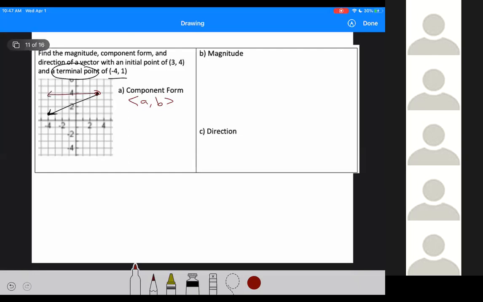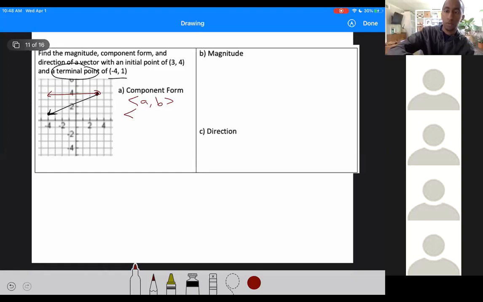Okay. So that's what? That's 7. Okay. So is A 7? Yes. Well, be careful though. Which way did we go? Left. So since we went left, A would not be 7, but it would be negative, -7.